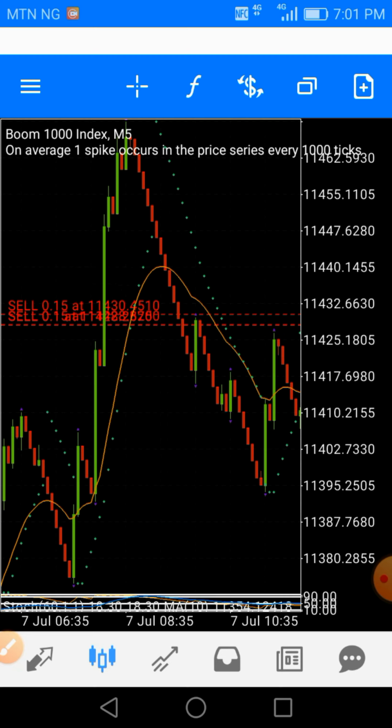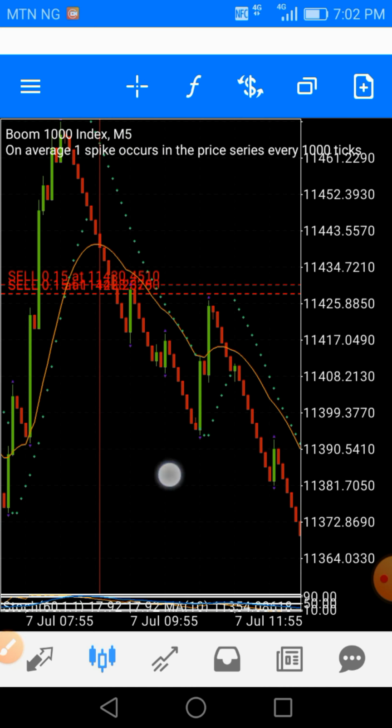Remember I told you I was looking at alignment, so we're going to put a vertical line somewhere here. This was when the market came below the moving average, signifying that it is going down. Remember, whenever the market comes below this moving average, the market is going down, and we are sure of that.